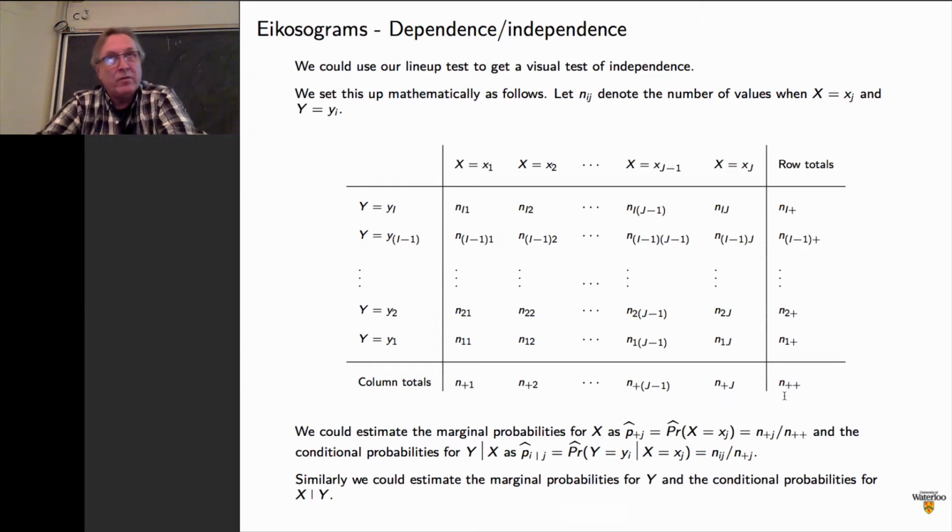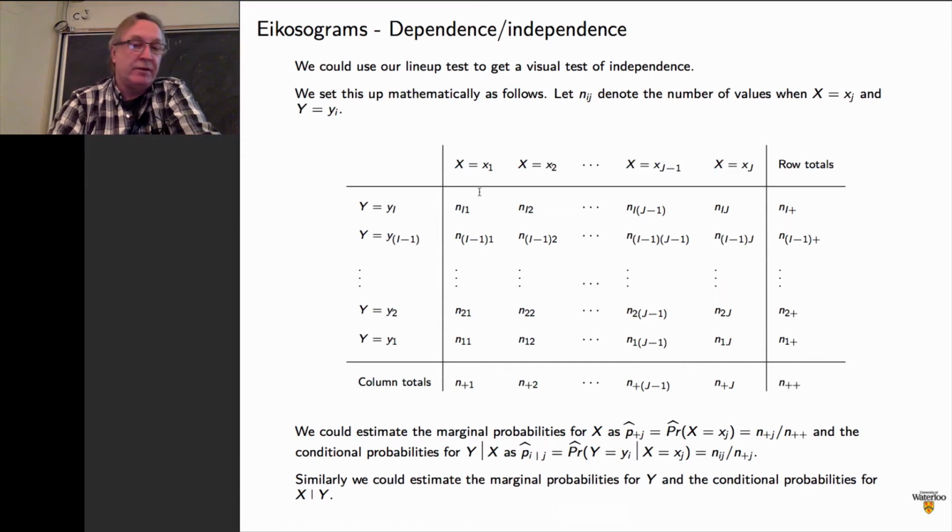So from this table, we could estimate probabilities that represent the joint distribution of this collection of numbers. So we think about what's the marginal probability that x takes value x1. Well, this bottom row is giving us some information about that, right?